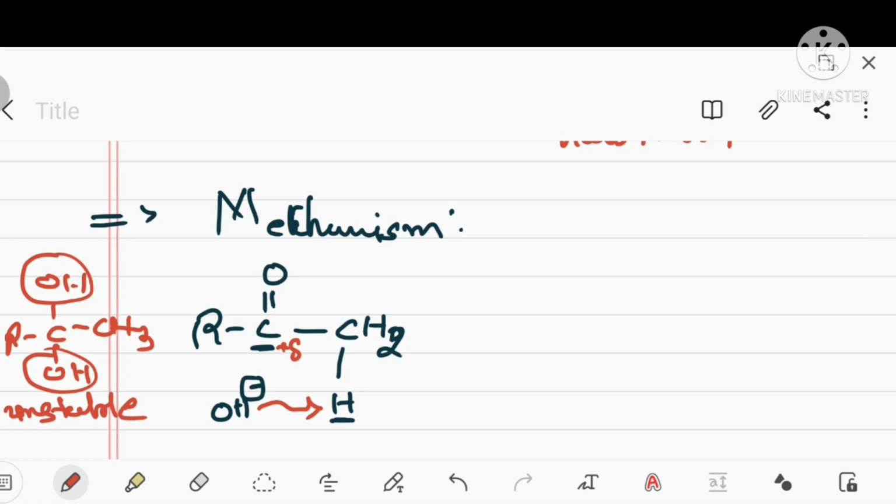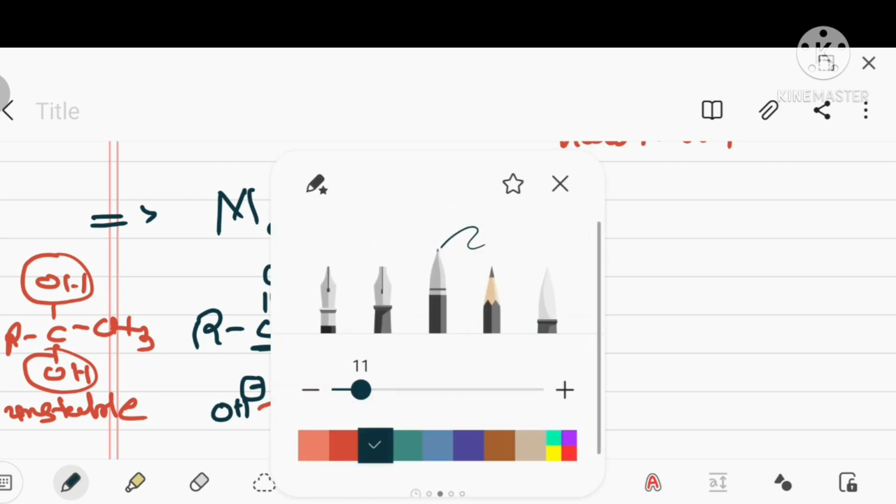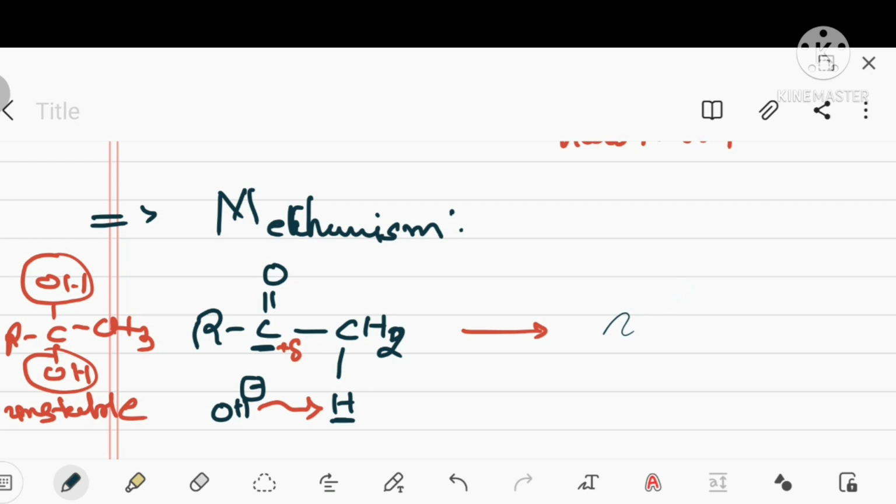So this will not form, and this hydrogen attaches with OH minus, and it first forms a carbanion. So we can write the carbanion like that: double bond O and CH2 minus, right?